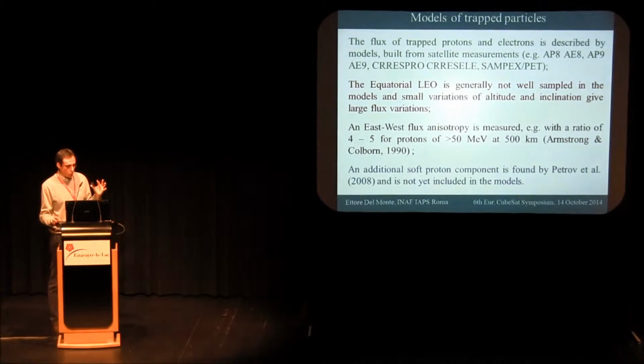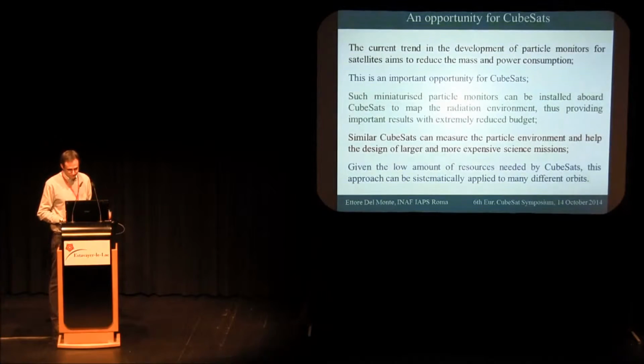In addition, we have a soft proton component, which is described in papers by Petrov and collaborators, which is not yet included in the models, and an east-west anisotropy in the flux, which is measured, and which has a ratio of about 4 to 5 for protons above 50 MeV at 500 kilometers, which is referred to in this reference.